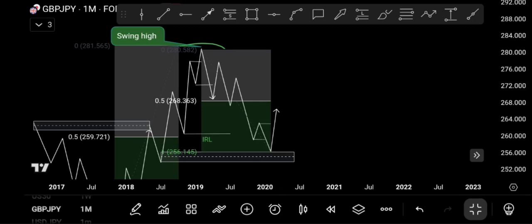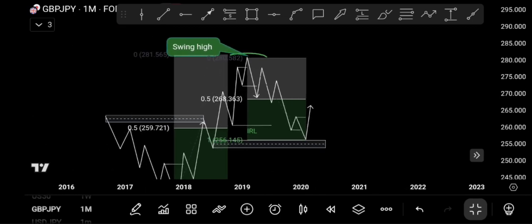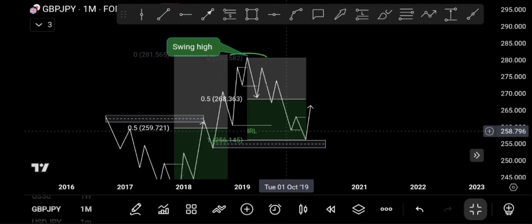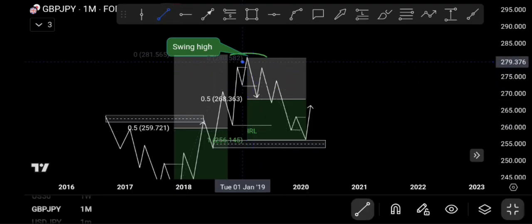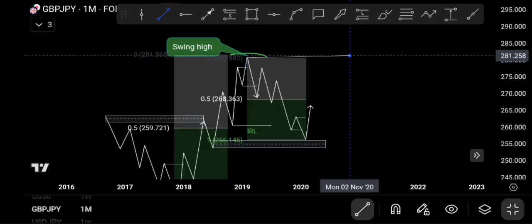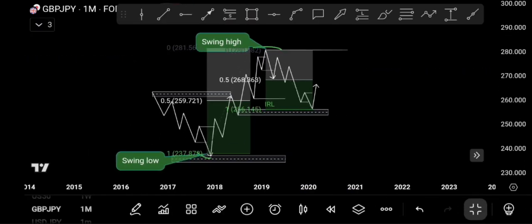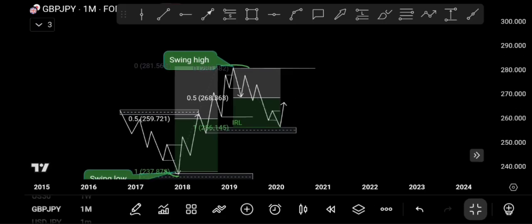But mind you, after sweeping internal range liquidity and reacting from a zone, where are we targeting? Your target should always be your external range liquidity, isn't it? Because this is what price is doing. Let's say we're in an uptrend.